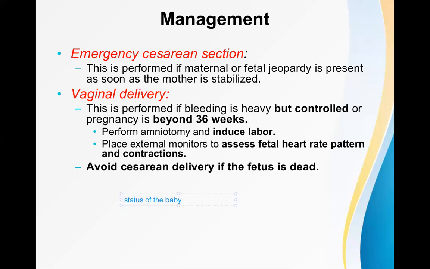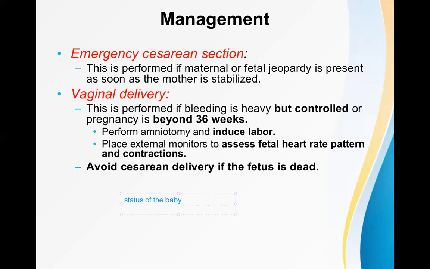Is the baby already jeopardized there? For example, is there fetal tachycardia or bradycardia present? And if fetal tachycardia or bradycardia is there, we don't delay the delivery process. We have to be quite fast in the delivery of the baby, otherwise we may lose the baby. This is number one thing.